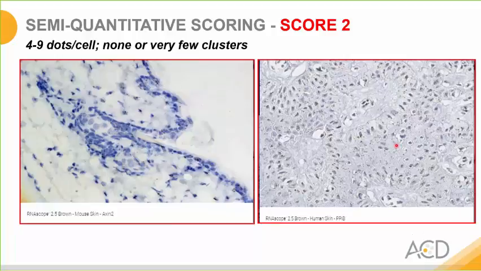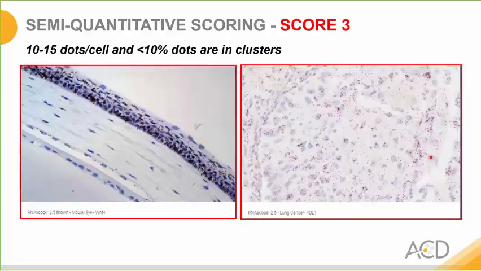These panels show a score of 2, with most cells containing in the range of 4 to 9 dots. Very few of these dots are present in clusters. So this is a representation of score 2.